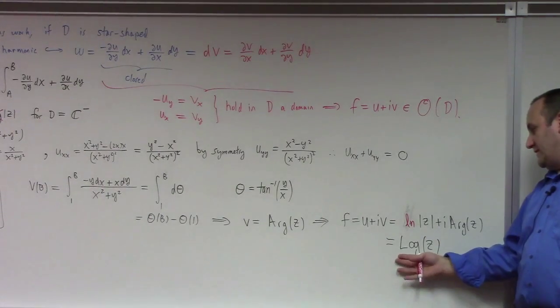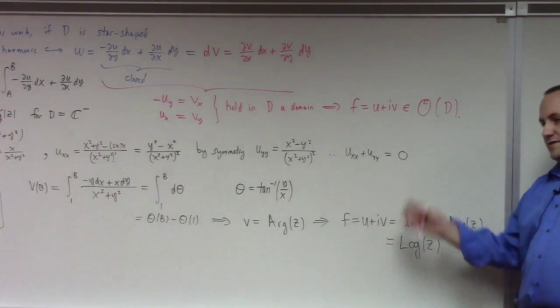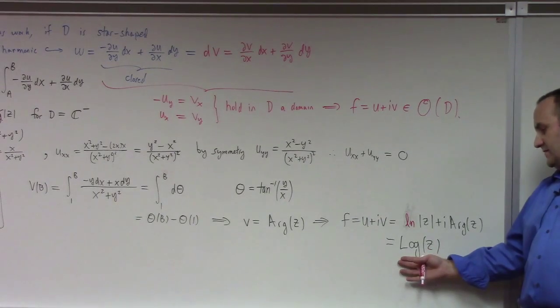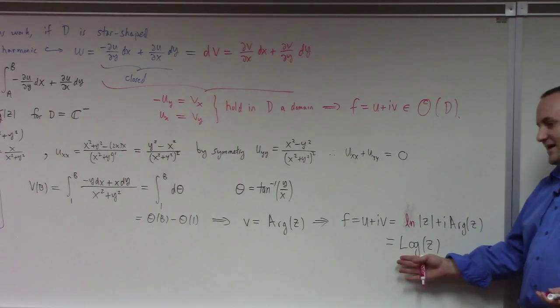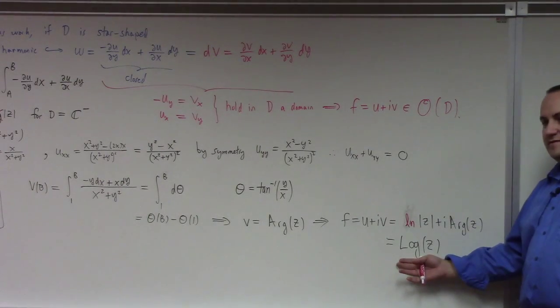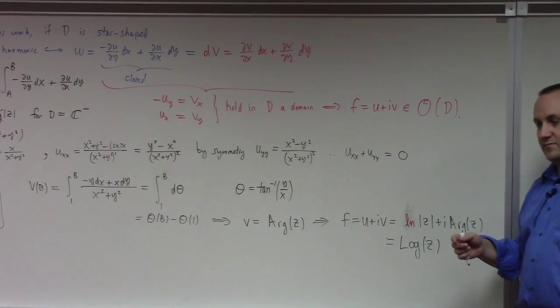So I say, okay, well, that's holomorphic, and I know that the component functions, the real and imaginary parts, are themselves harmonic, so I don't need to do all this. I can just say, okay, well, this is holomorphic, so its component functions are harmonic, basically by guessing that this is the corresponding complex function to that harmonic function. But you don't have to guess, right?